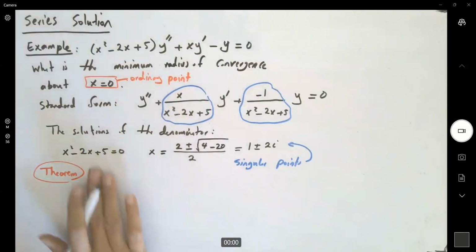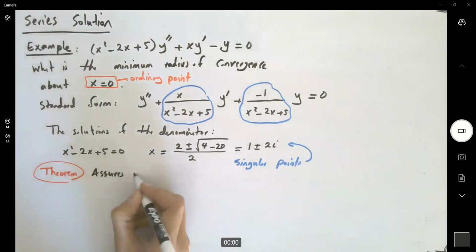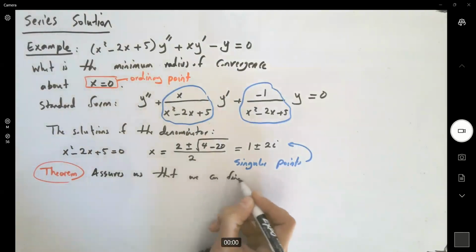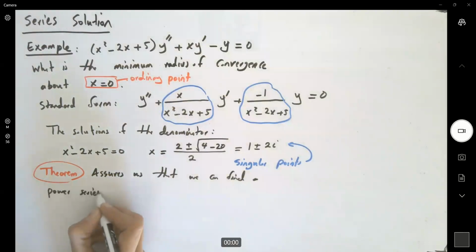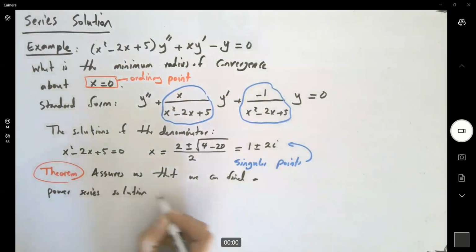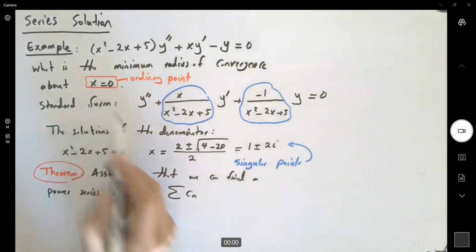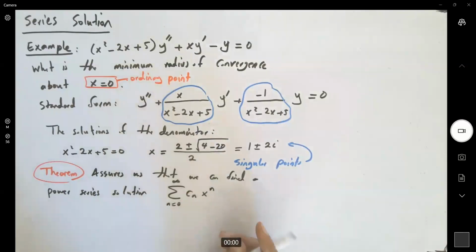The theorem guarantees, assures us that we can find a power series solution of the form Cn (x minus x sub 0) to the n. x sub 0 is just 0, so x to the n starts from 0, goes to infinity.